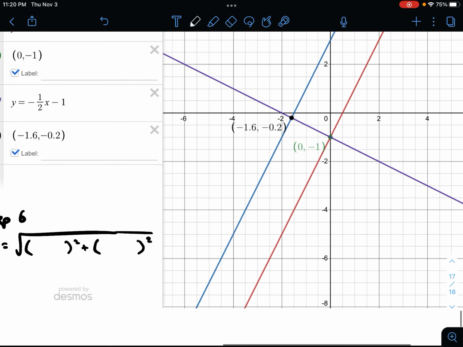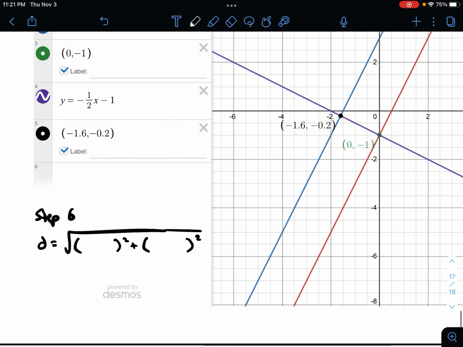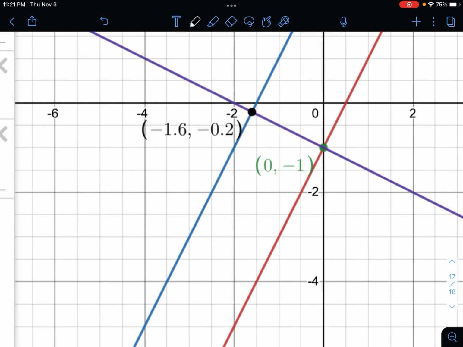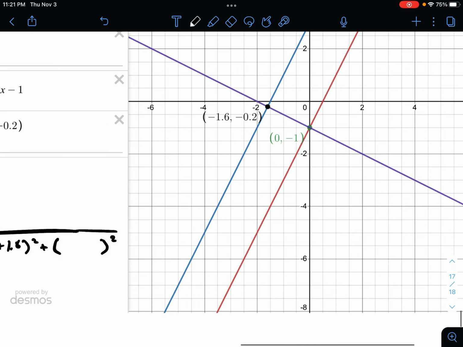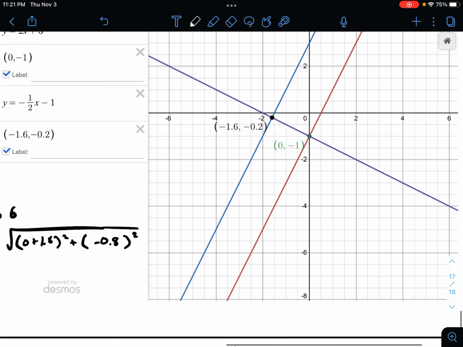So if I look at the x values, this would be 0 minus a negative, so 0 plus 1.6. And then over here, we've got negative 1 minus a negative, so plus 0.2, which is going to be negative 0.8. I guess I should have written that out, but that's okay.